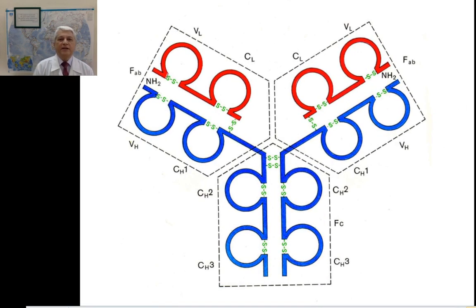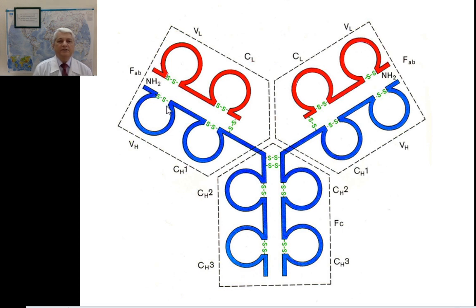This is the scheme of the same molecule, but here we can see some important details. Look, each domain is formed by a large loop of the polypeptide chain, and this loop is fixed by a disulfide bond.